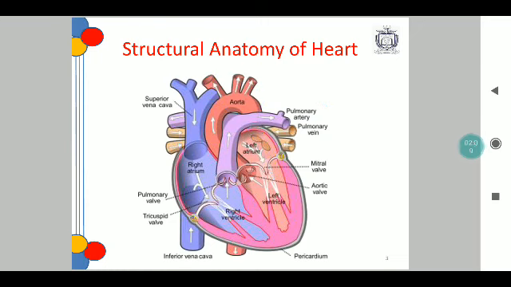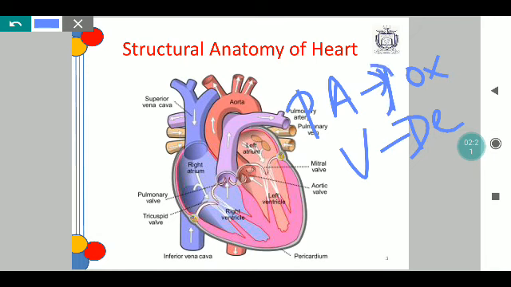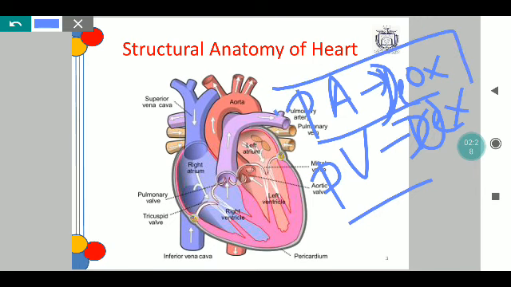The peculiarity of the circulation is that generally arteries carry oxygenated blood and veins carry deoxygenated blood. But the pulmonary artery contains deoxygenated blood, and the pulmonary vein contains oxygenated blood. This is the only exception with regard to the arterial and venous circulation.